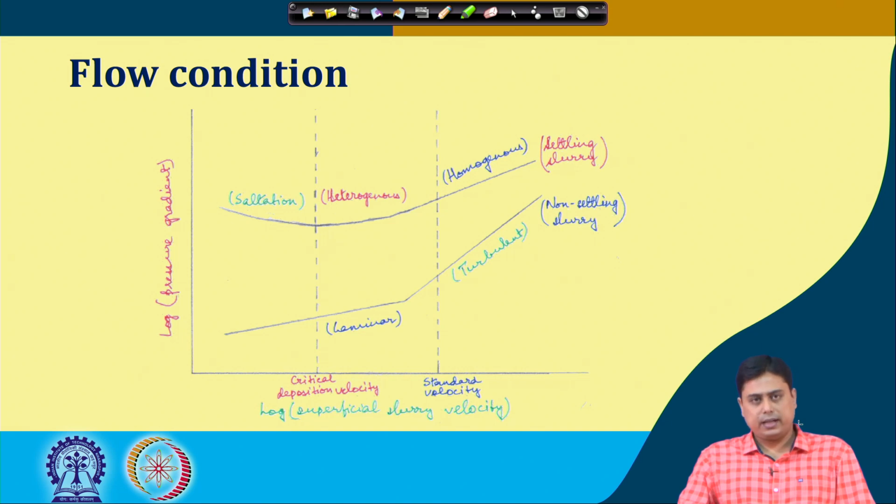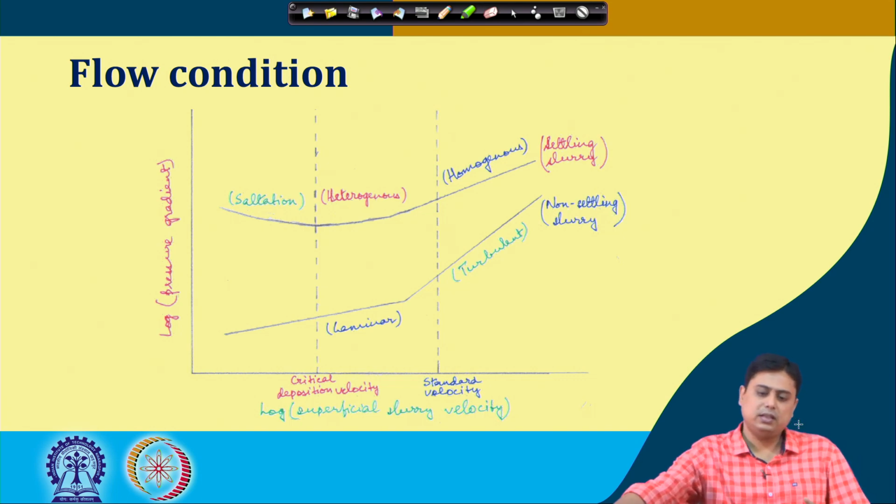We saw the flow conditions that can happen, where the x axis is the superficial slurry velocity and the y axis is the pressure gradient, including the saltation regime. So, different types of flow conditions, or in other words, these are the regimes.